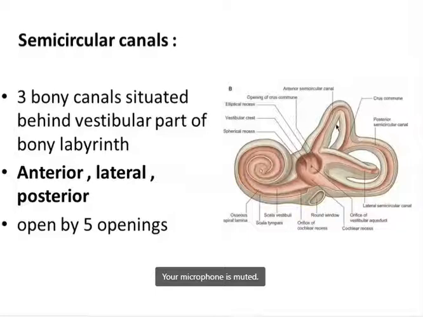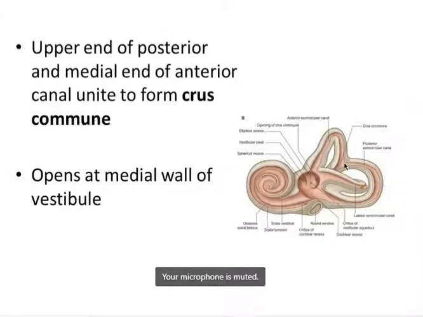So these 3 semicircular canals open here by 5 openings, because the upper end of the posterior, now this is the posterior semicircular canal, and the medial end of the anterior, this is the anterior semicircular canal, here they unite. Okay, and they form a structure which is known as the crus commune. So this part is known as the crus commune.